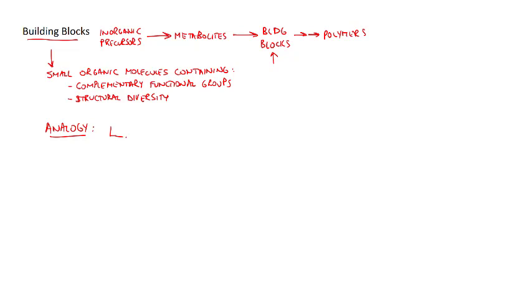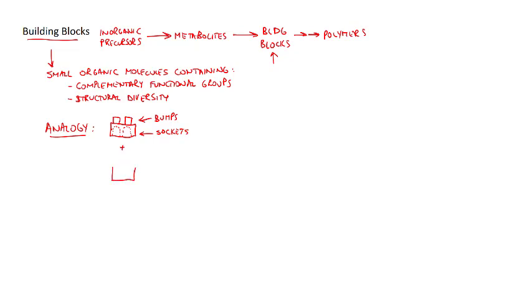The analogy is Legos. So Legos are a building block, a literal building block. So how do Legos work? Legos work by having two structural features. You've got the bumps or knobs or whatever they're supposed to be called, and you've got the little sockets on the bottom that the bumps plug into.